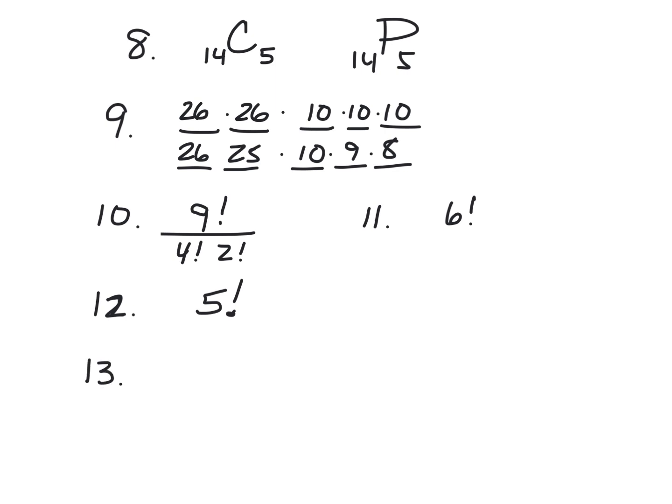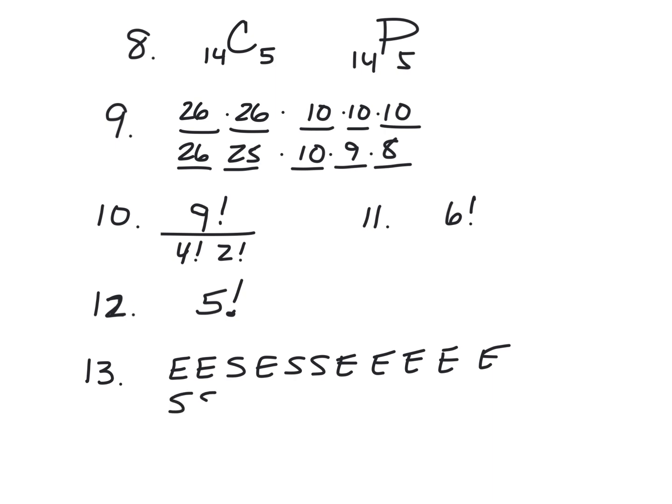13, if I'm going to go from A to Z, I have to go either east or south. I need to go east 8 times and south 3 in any order. Okay, so order is important here. That would be one option.